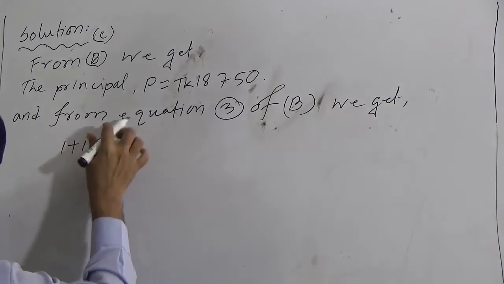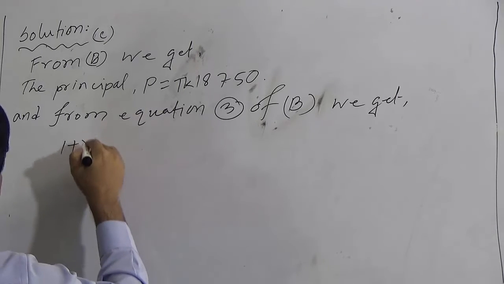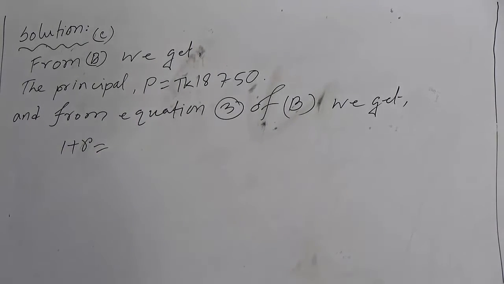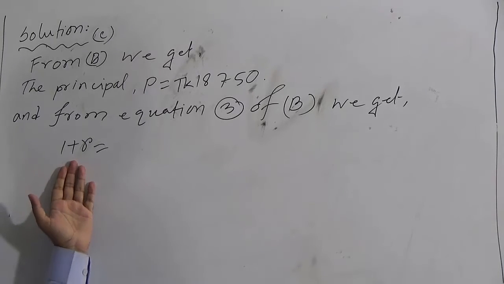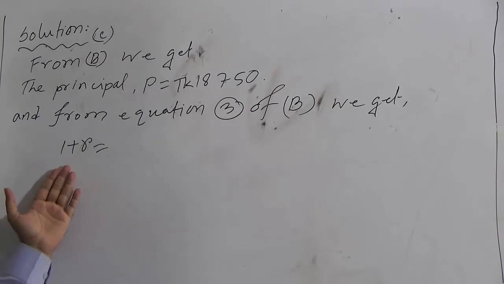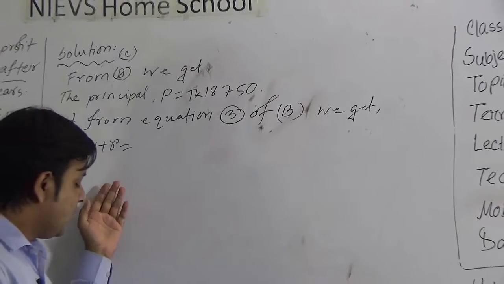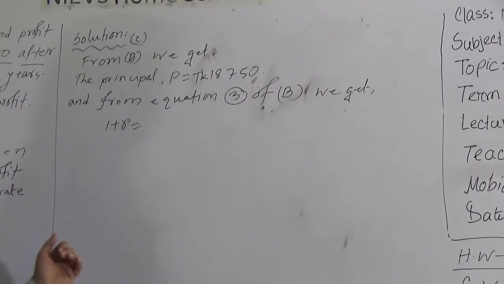1 plus R is equal to, dear students, to determine the simple profit and compound profit we need the principal and we need the rate of profit, it means the value of R, but we don't know the rate of profit.